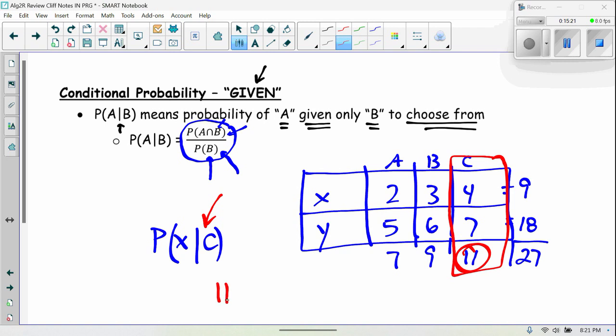So out of the 11 I have, how many are X's? Well, there's 4 X's out of the 11. So that's 4 over 11. I think that's easier when you have a table. I would only use this if they give you the probability of A and B, and they give you the probability of B. Like they actually give you the numbers. If they don't, if they give you a table, I would do it the table way.